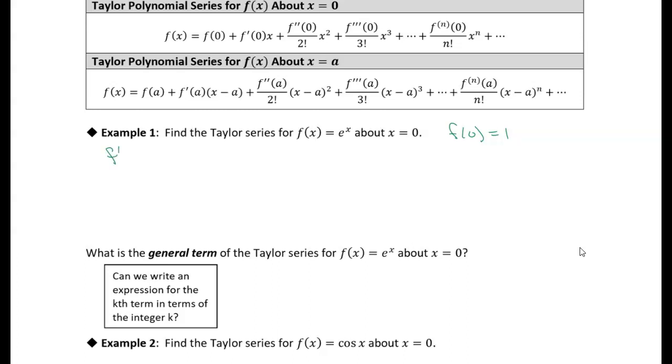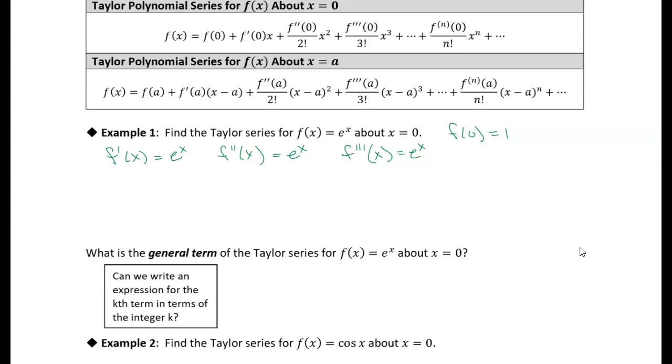And e to the x is nice because the derivatives are just all e to the x, right? So the first derivative is e to the x, the second derivative is the derivative of the derivative, which is e to the x, and the third derivative is e to the x, right? Every time we take the derivative, it's still just e to the x.